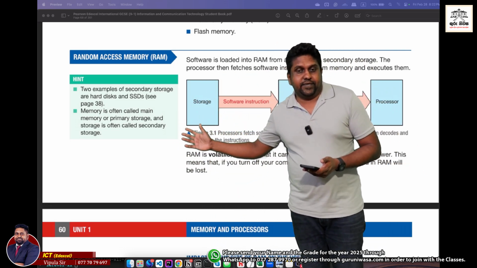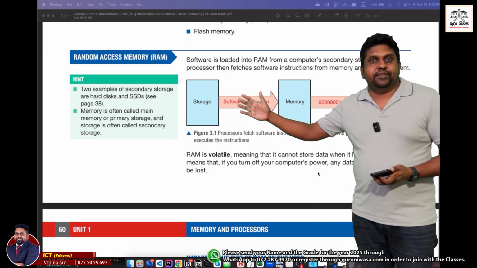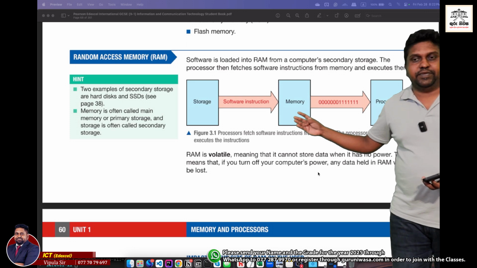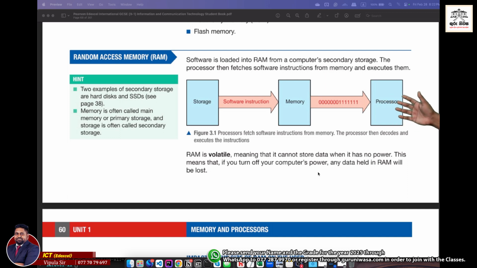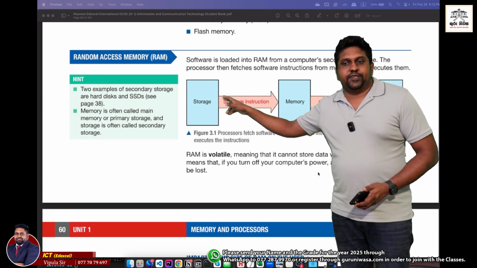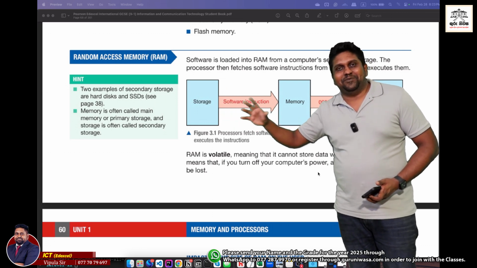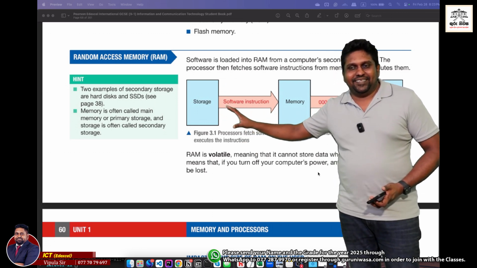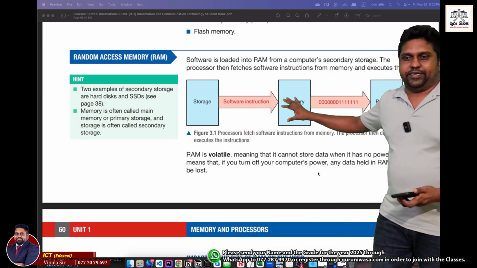Here you can see an example, which is the one I just explained about: getting the data from the storage, putting it into the memory and sending it to the processor. In simple terms, as I explained before, when you open up a software, the storage part, the hard disk, or wherever you have it stored, will get a certain set of instructions out and load it into the memory.